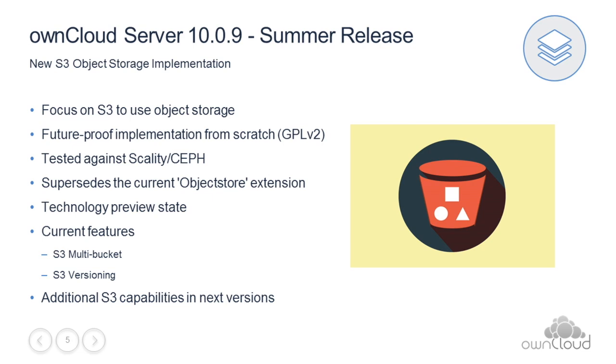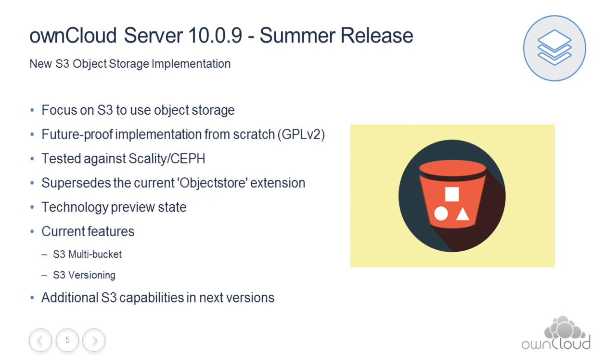Yeah, the new implementation is still in technology preview state, as it doesn't have all the features yet that we wanted to have. So once it has all the other features, it will leave that state, and the old implementation, or the current implementation, so to say, will be superseded.